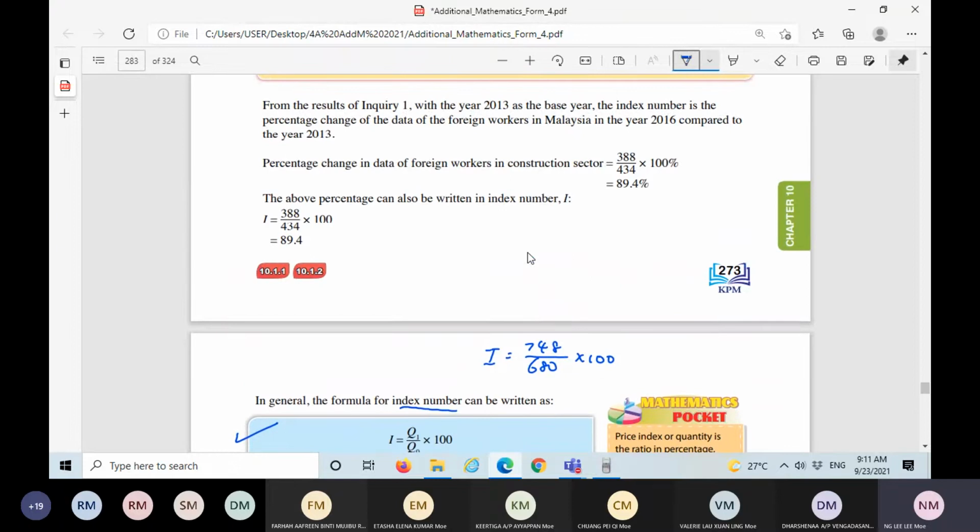Okay, and then this chapter, again, is elective, which means it will come out in paper 2 section C. We will assume that although your KSSM is the same as KBSM, the elective one will not come out in other sections or other papers.